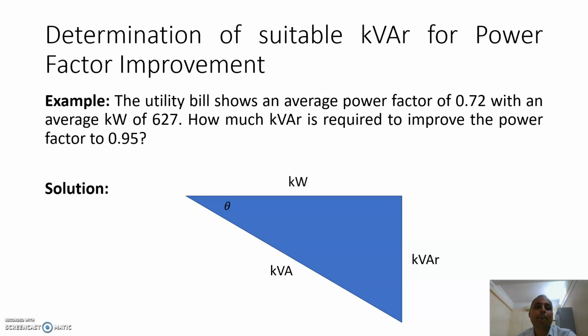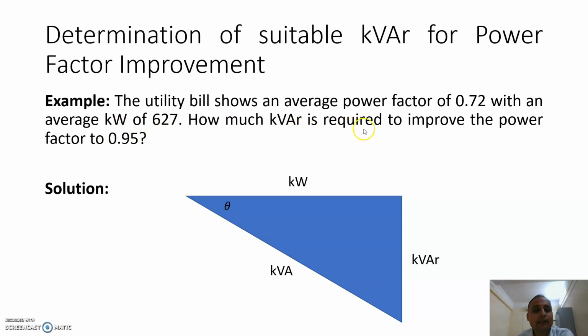Now we take an example of determination of a suitable kilovolt ampere reactive, kVAR, value for power factor improvement. The example situation is like this. The utility bill shows an average power factor of 0.72 with an average kilowatt of 627.